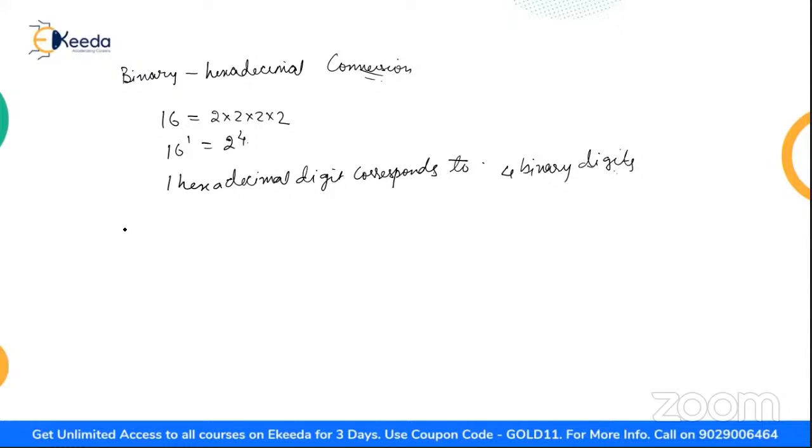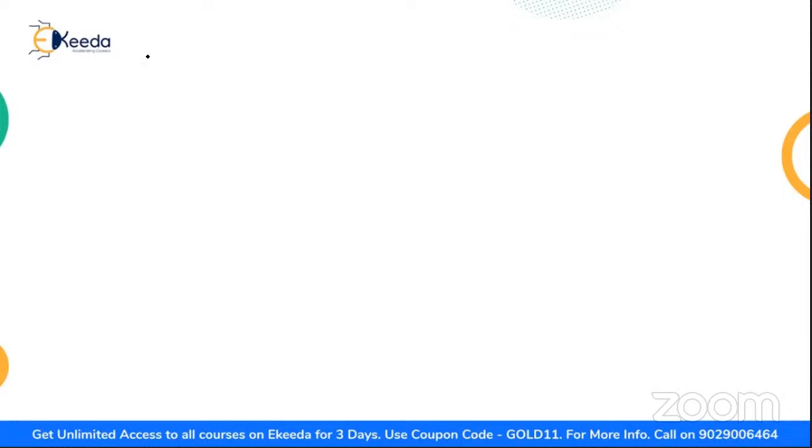Okay. So what I will do is we'll write binary and its equivalent hexadecimal. In the next slide we'll do that. Okay. Binary 0 1 0 1.